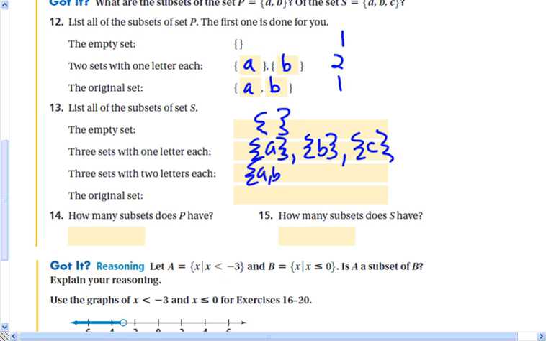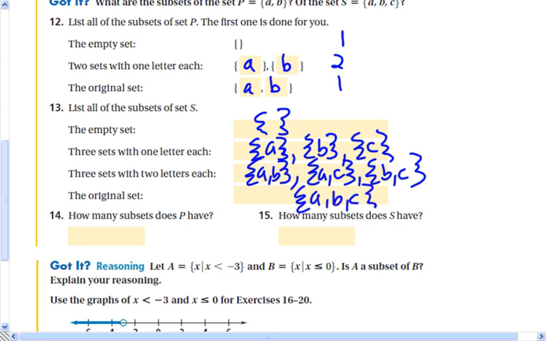That's A and B, A and C, and B and C. And there's the original set, which is A, B, C. Notice there's 1 empty set, there's 3 sets with 1 letter each, there's 3 sets with 2 letters each, and there's 1 set with 3 letters.